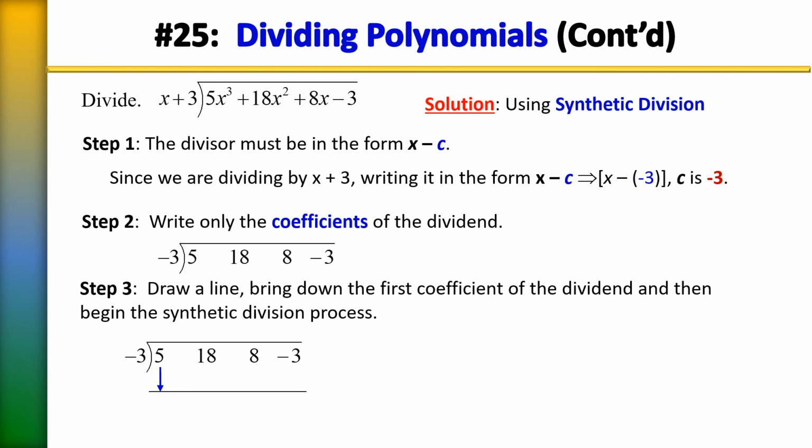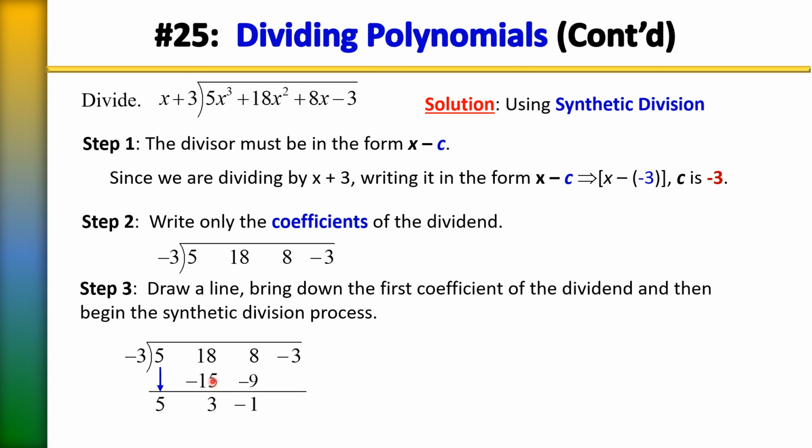So when I draw a line and bring down my first term, I have 5 times negative 3 equals negative 15. 18 take away negative 15 equals 3. 3 times negative 3 equals negative 9. 8 combined with a negative 9 is negative 1.